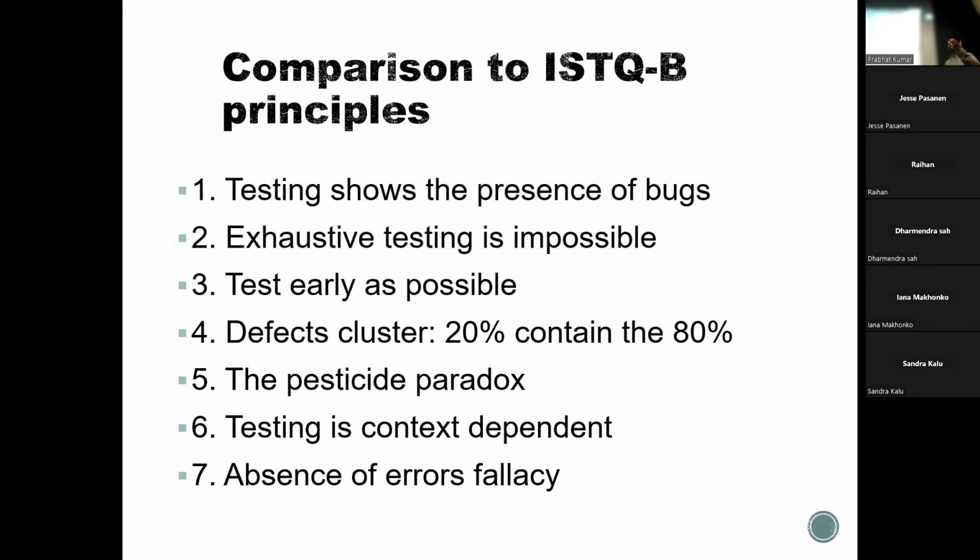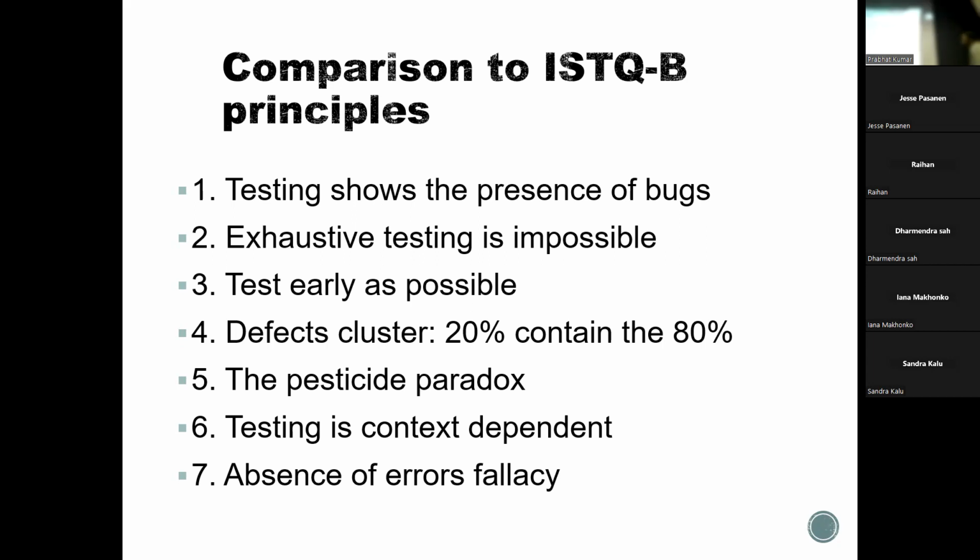It is not like the whole software has bugs. There will be bugs in a very small part of the software, which is only the 20%. It means 20% of the whole software is going to have 80% of the bugs. So whenever we are evaluating or testing the software, we will come to a point where we can say that a small fraction of code contains 80% of the bugs.